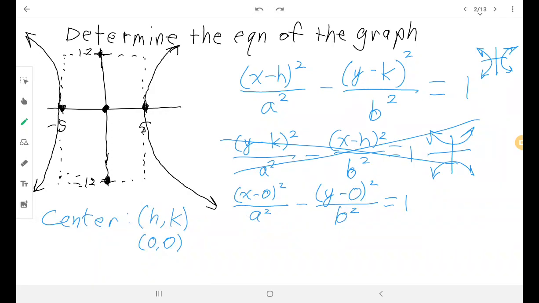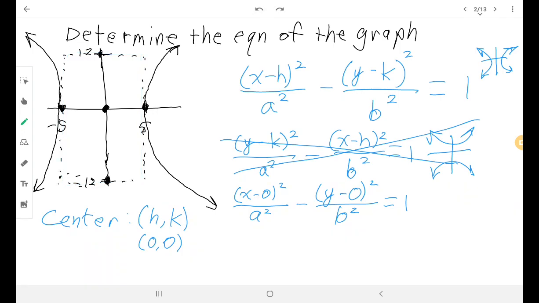The way that works is the a distance is from the center out to a vertex, the vertex being the turning point of each curve. So there's an a distance there, there's an a distance there. And then there's a b distance, and the b distance is based on this rectangle that you see here.